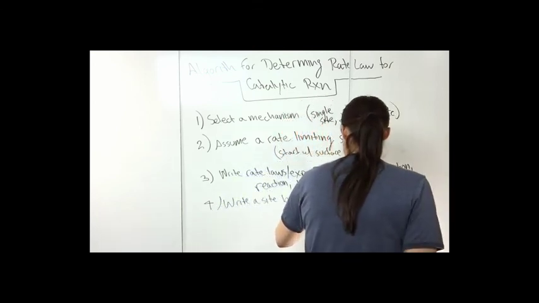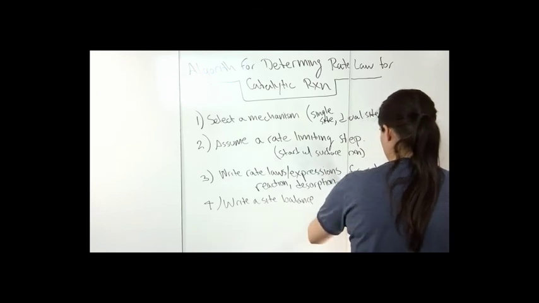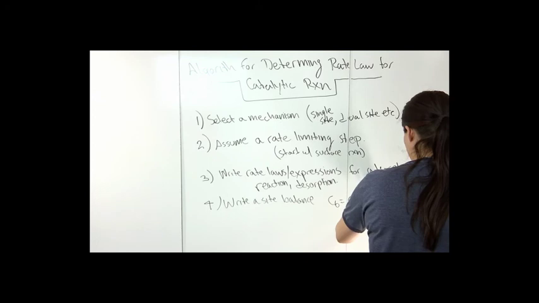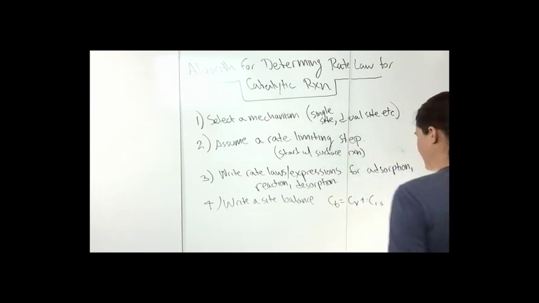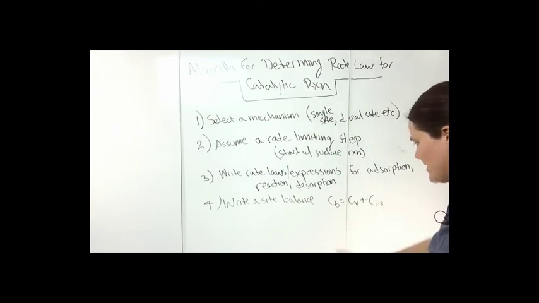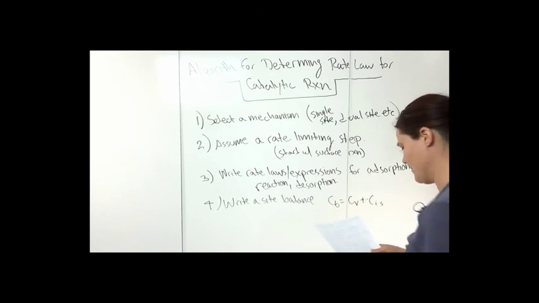This would be your total concentration is equal to CV plus whatever you have. For what I just showed you, it was CAS and CBS, but you might have more than that in your particular reaction. So this is just an example.